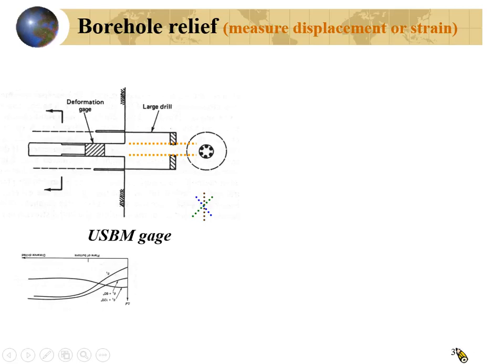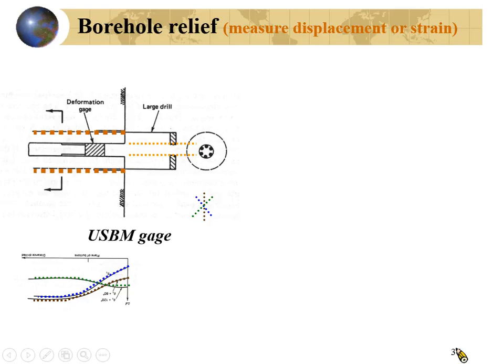If the rock here and here deform, then the gauge here will deform as well. So you will measure the displacement along this direction, and this direction. So I will try to show you the measurement will be something like this. When you relieve the stress, you will have a displacement along 3 directions. Like this.